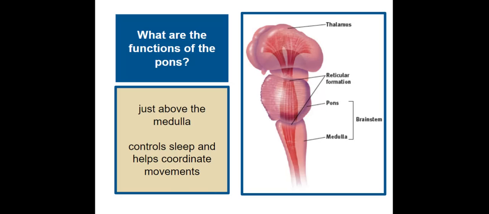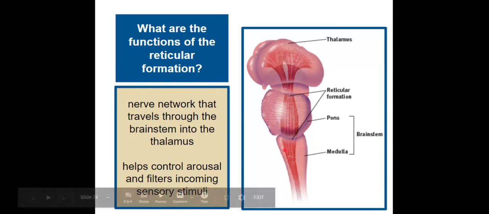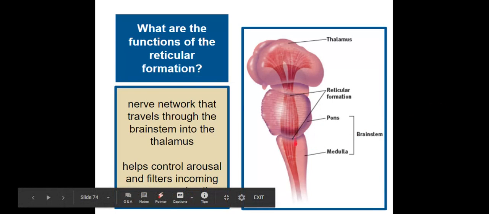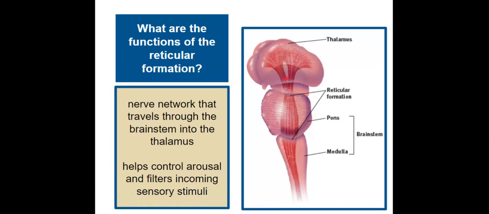All right, reticular formation. The reticular formation is actually the nerve band that runs through the middle of the pons, and it feeds data into the thalamus. We are sure that the reticular formation helps in arousal, and it also helps to filter the incoming stimuli from the rest of the peripheral nervous system.